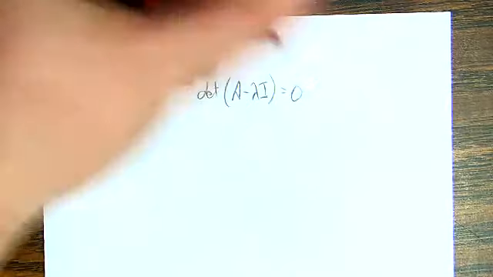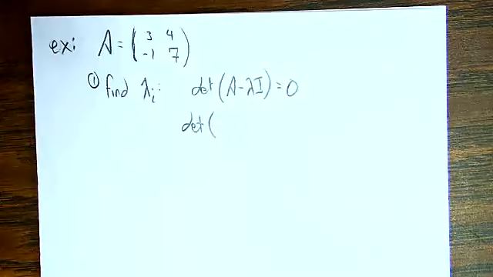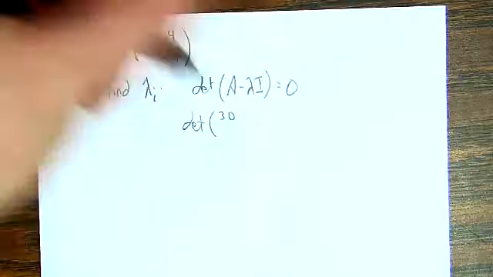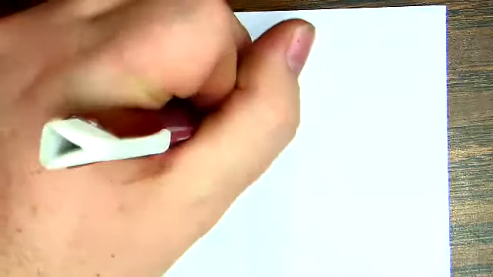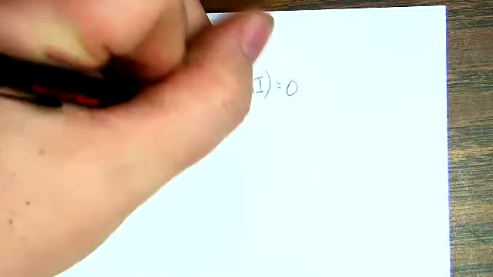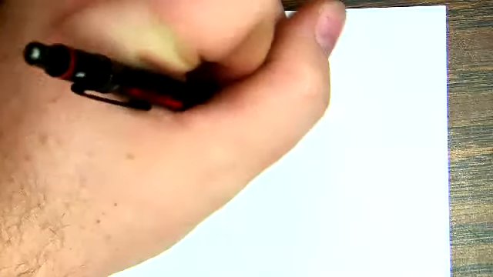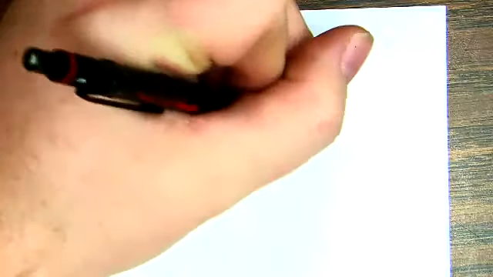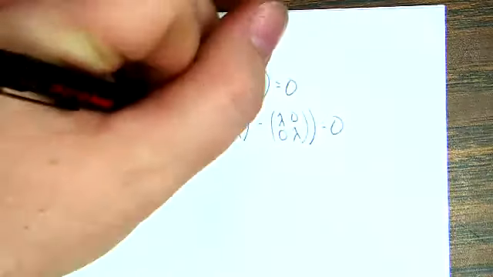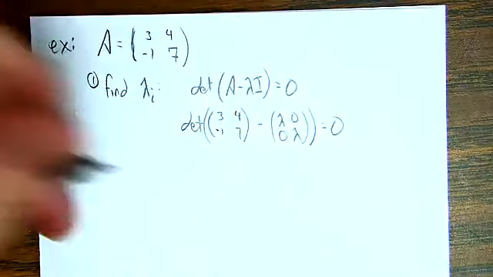Now these are values so that the determinant of A minus lambda I is equal to 0. So we're looking for [3, 4; negative 1, 7] minus lambda [1, 0; 0, 1]. I need that determinant to be equal to 0.